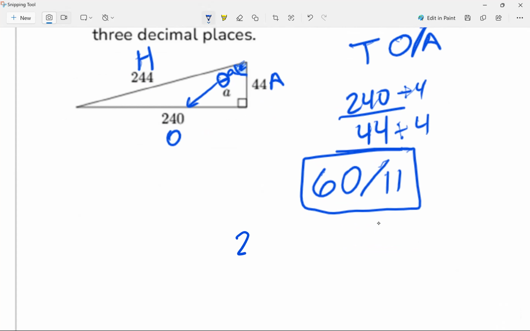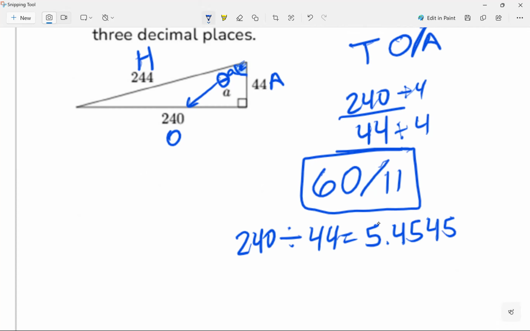Now, if you don't want to simplify, because simplifying is not your strength, from the beginning, 240 divided by 44, according to my calculator, is 5.4545.